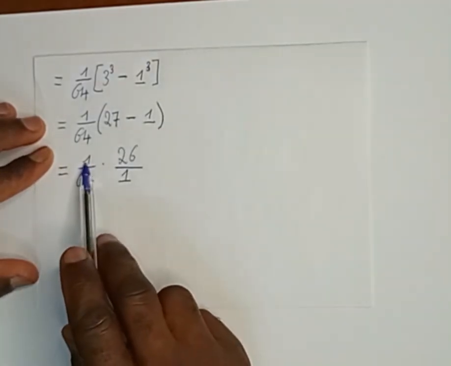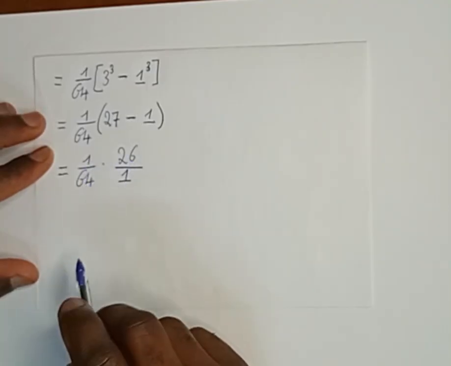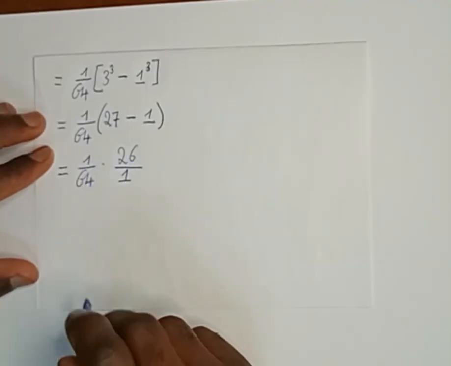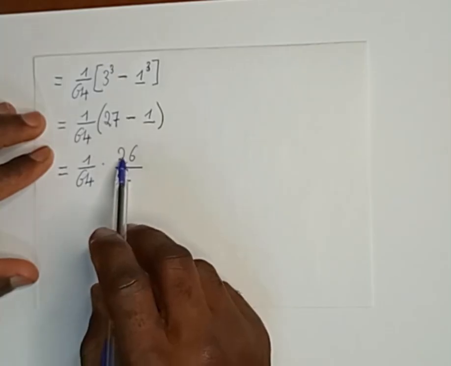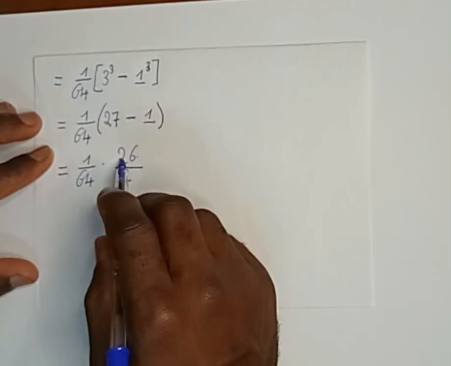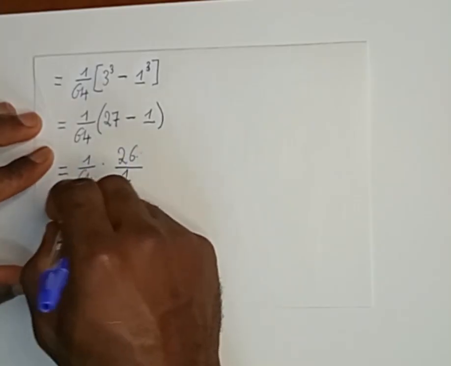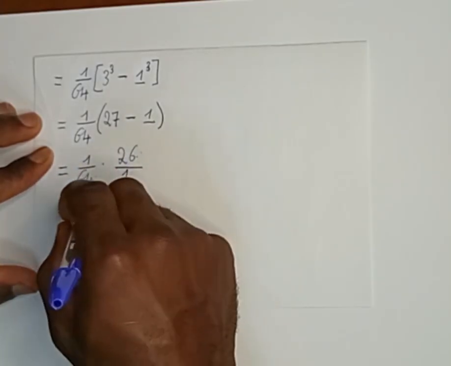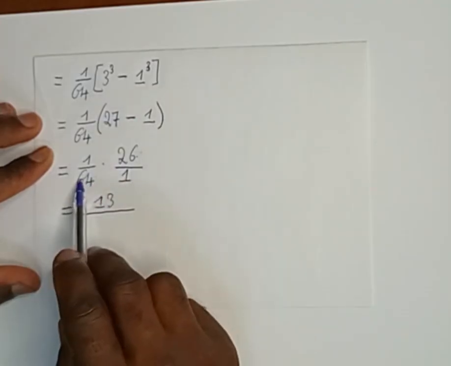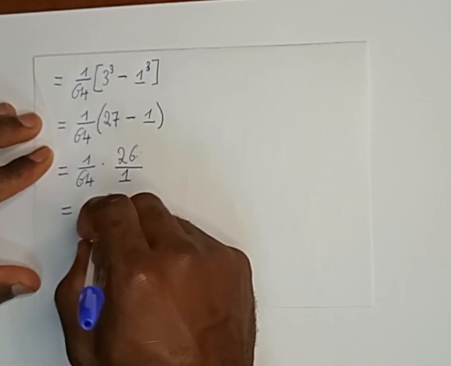You will see that we can simplify the numerator and the denominator of these two fractions. If we divide 26 by 2 and 64 by 2, 2 will go into 26 13 times. 13 times 1, it remains 13 all over 2 will go into 64 32 times. 32 times 1 remains 32.